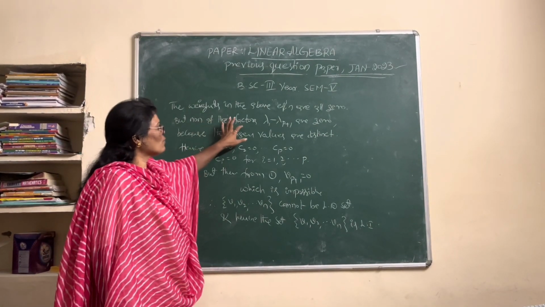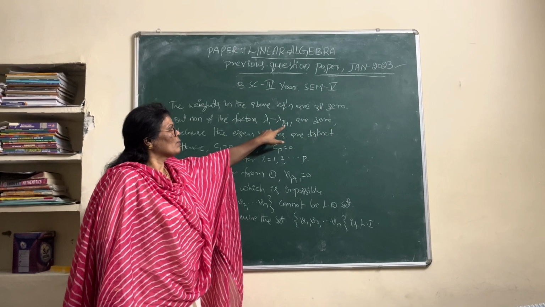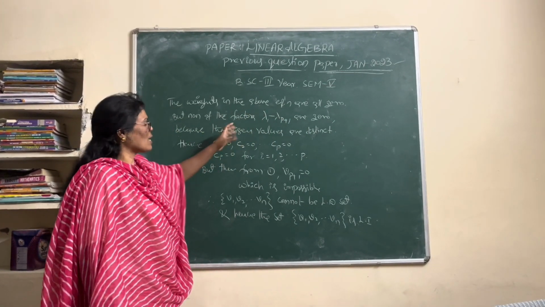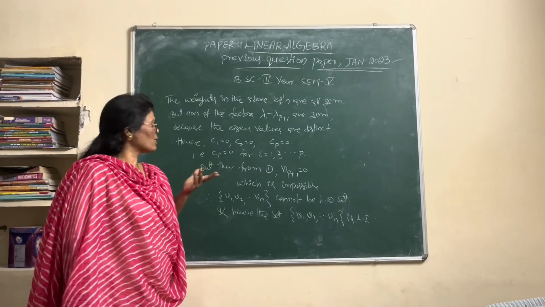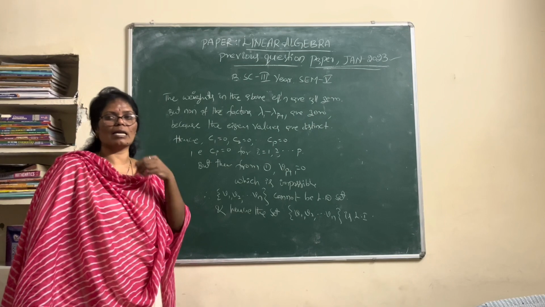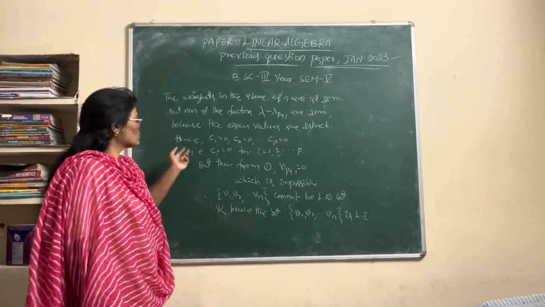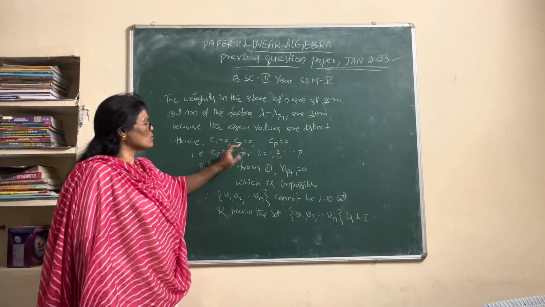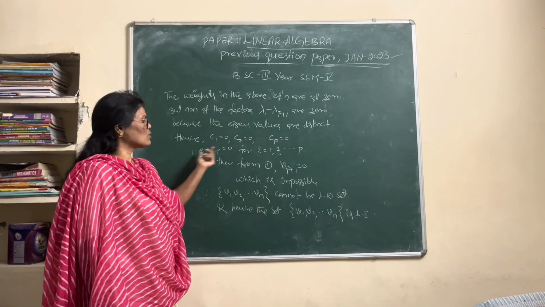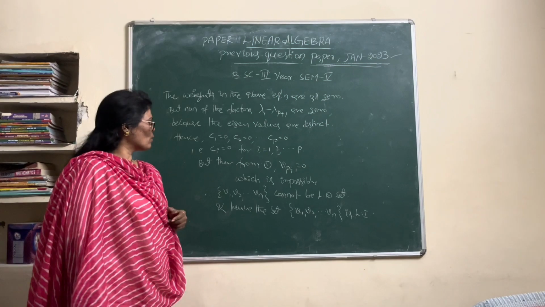But none of the factors lambda 1 minus lambda p+1 and so on are zero, because the eigenvalues are distinct. Hence, by linear independence, each scalar must equal 0. So C1 equals 0, C2 equals 0, up to Cp equals 0. That means Ci equals 0 for i from 1 to p.